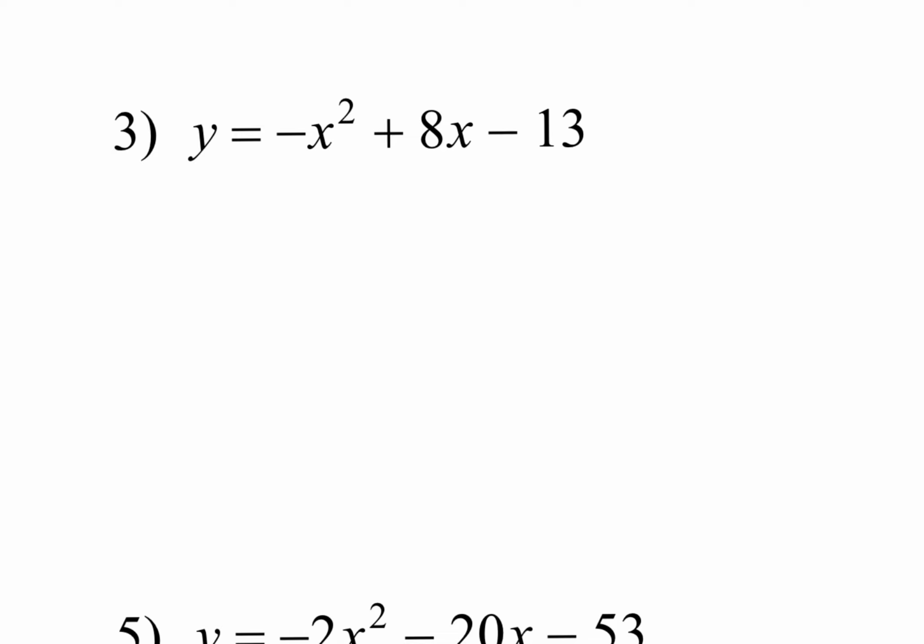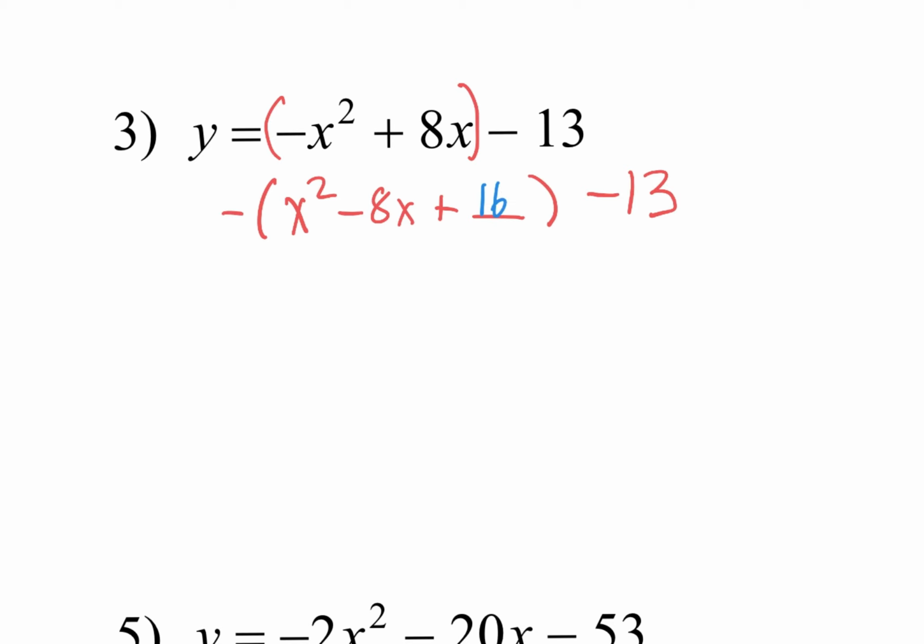A negative. So we're going to group this together here, but now we're going to pull out a negative. If I take a negative out of there, I'm left with minus 8x. Now we still have to put plus our box, minus 13. So we're going to put 16 in there.